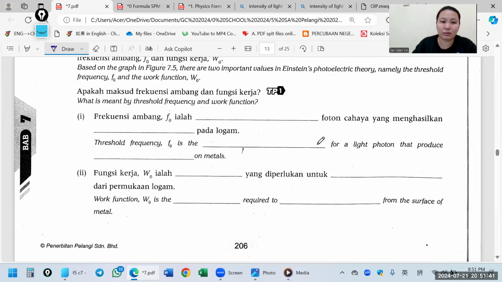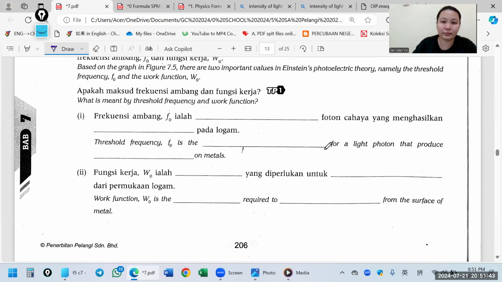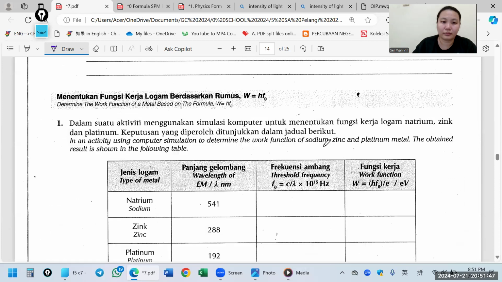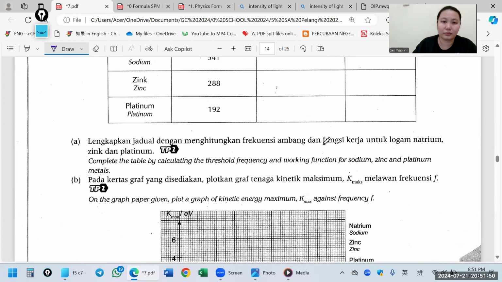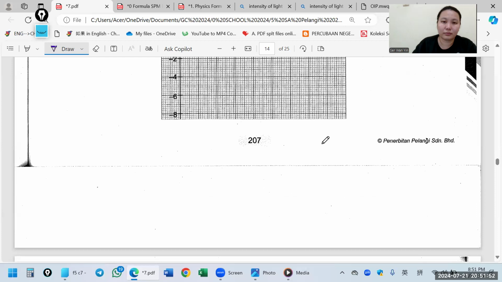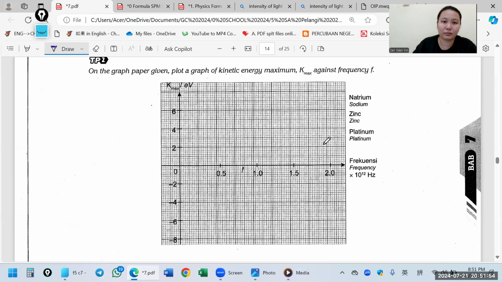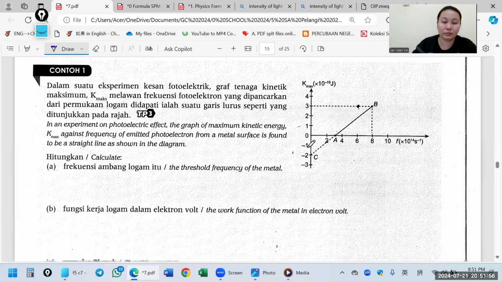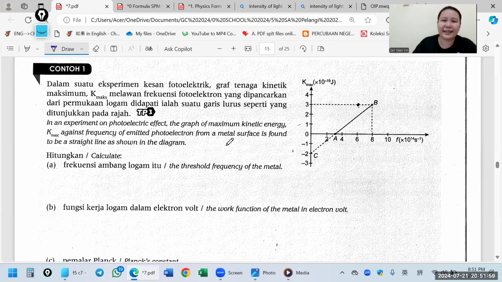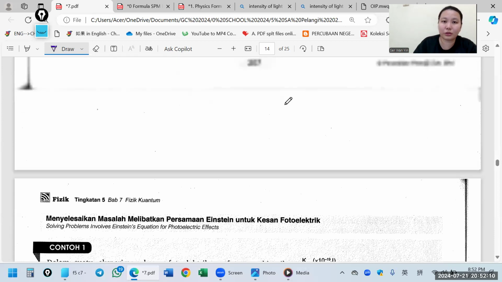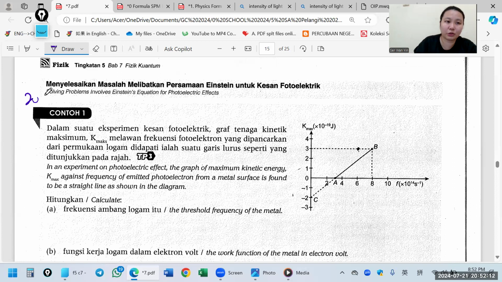Okay, so now, they would show the graphs like this, and this is page 208.